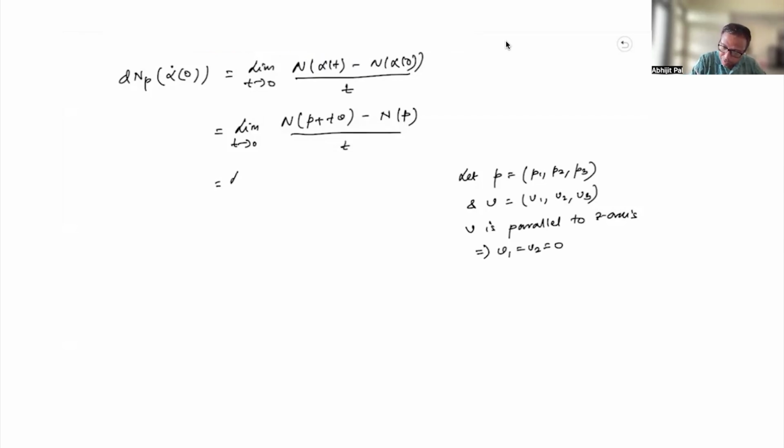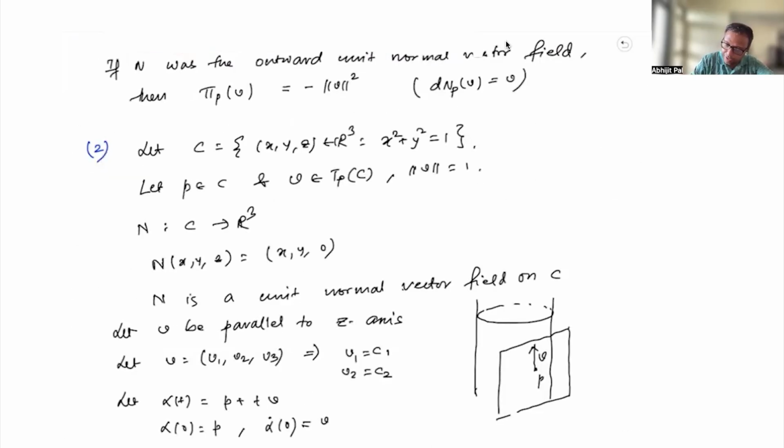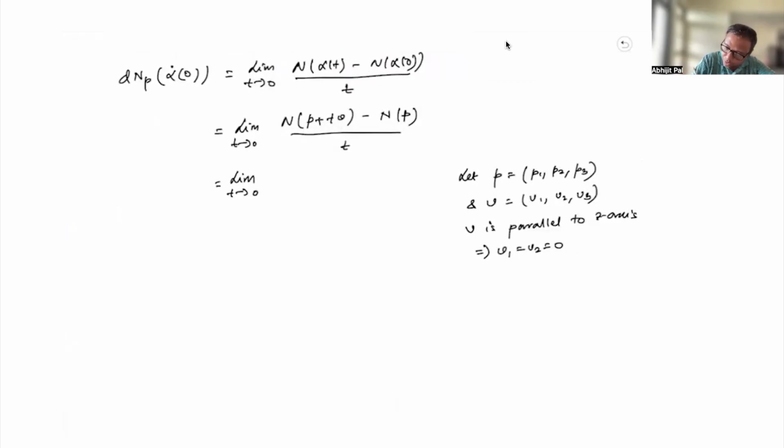The definition of n is as follows: n of x, y, z is equal to x, y, 0.